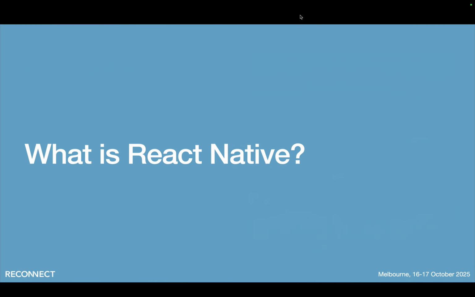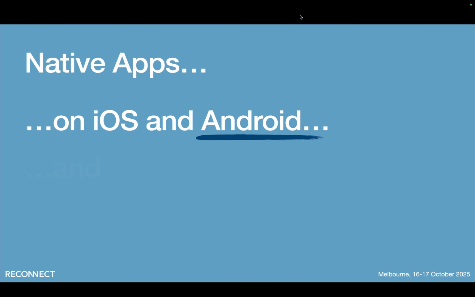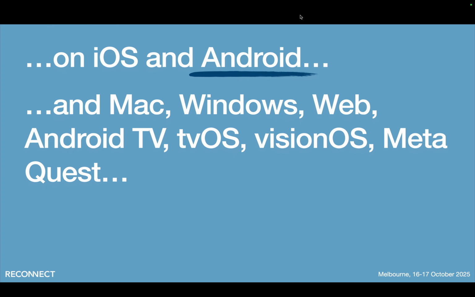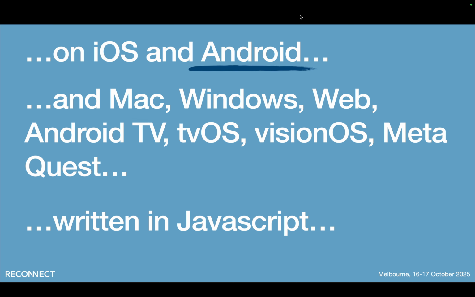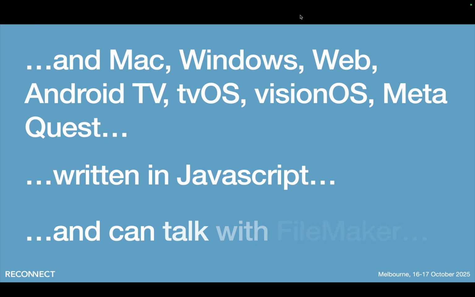So what is React Native? Well, with React Native you can build native apps on iOS and Android, but also on Mac, Windows, the web, Android TV, tvOS, Vision OS, even the Meta Quest. The apps are written in JavaScript, and we can get them to talk to our FileMaker apps.